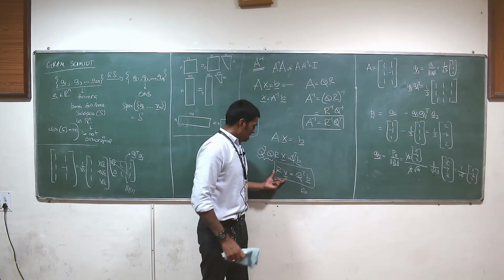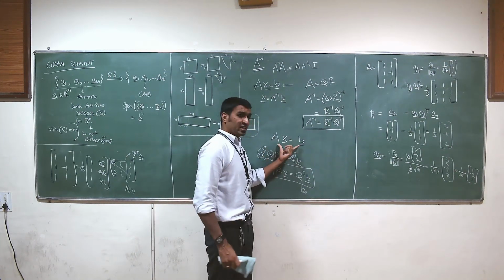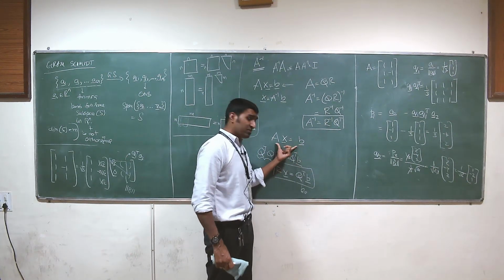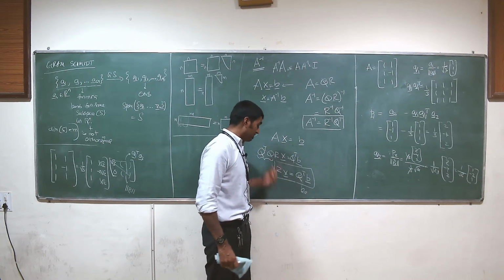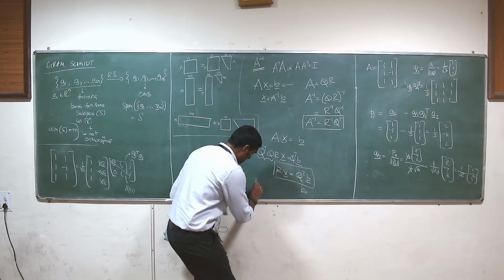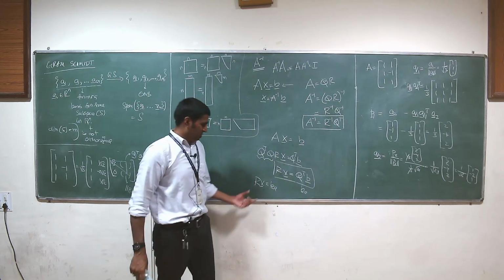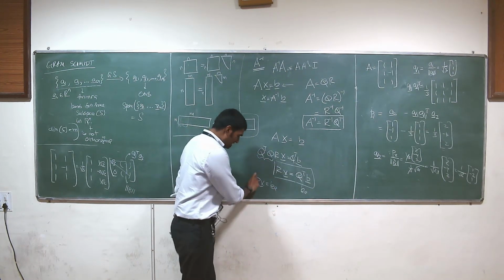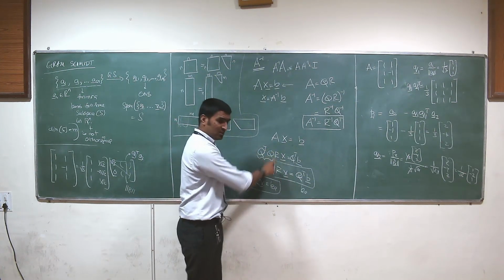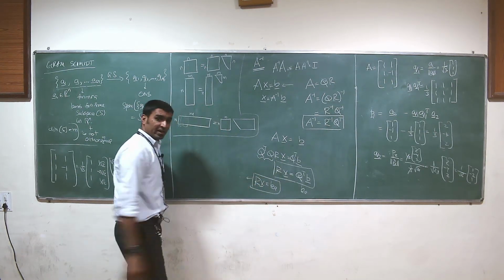So you started with this set of linear equations, Ax equals b. If you have the QR decomposition, you can transform this set of equations into a new set of equations, which is R x equals dq. Turns out this is much nicer than this because R is upper triangular.